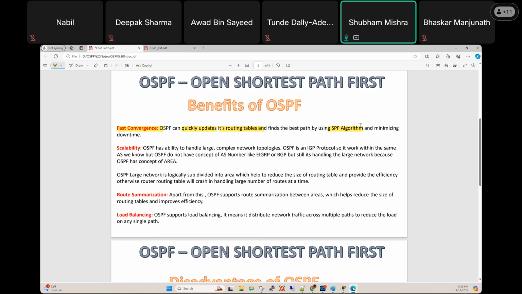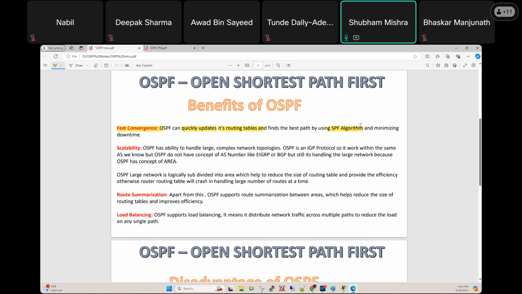Please remember, in an interview, if anyone asks why OSPF has fast convergence, you can say, sir, OSPF uses an algorithm called the SPF algorithm, and with the help of this algorithm, OSPF can quickly update its routing table and minimize the downtime.